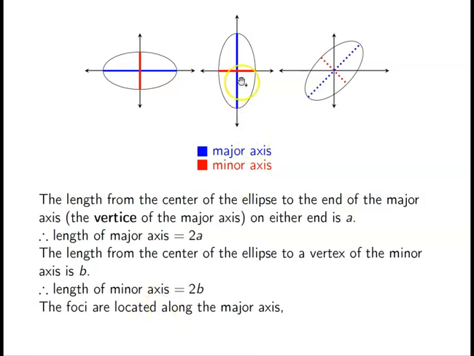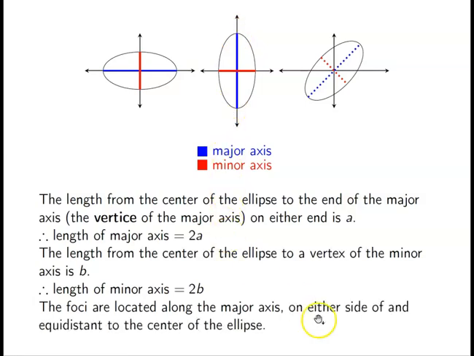The foci are along the major axis. Okay, so we have a vertex, then we hit one of the foci, then the center, then the other focus, and then we have the last vertex. Okay, so everything lies along the major axis. We have two foci, and they're on either side of the center. So everything is symmetric for our ellipse. Right?